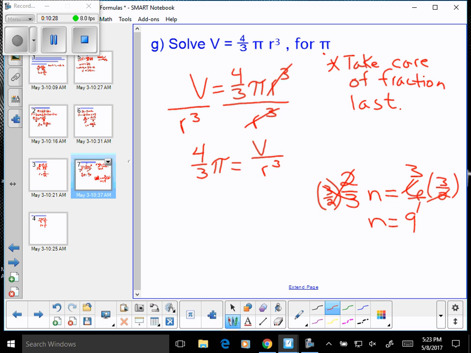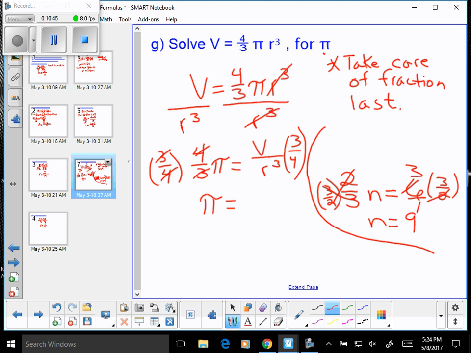Well, we're going to do that same thing here. We are going to multiply both sides by the reciprocal, 3/4. Now, the 4 cancels with the 4, the 3 cancels with the 3. I will be left with pi.